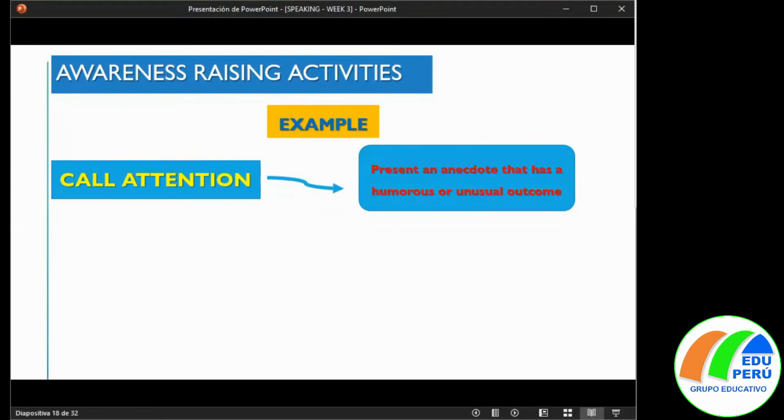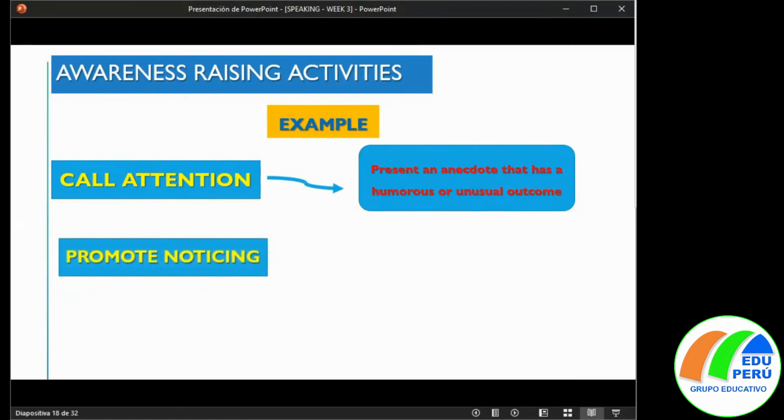So you present to your students an anecdote, and this anecdote has a humorous or unusual outcome or result. The outcome is the result. So you call their attention, showing them something funny, humorous. So now they are interested. They are motivated and they are curious. Oh, what will be that topic? What are we going to learn? So notice, this is just one example.